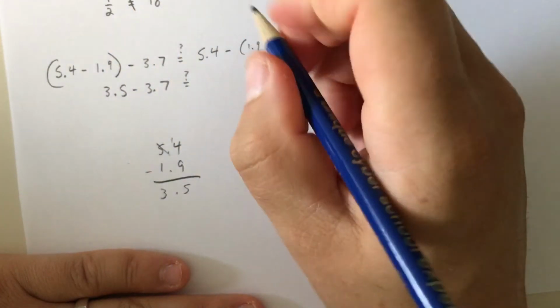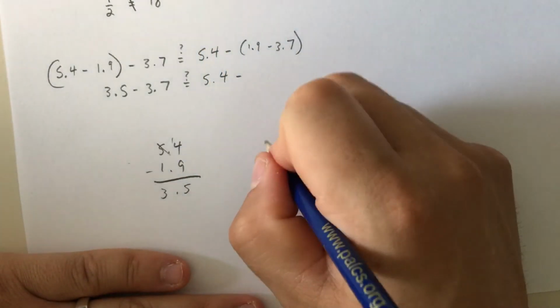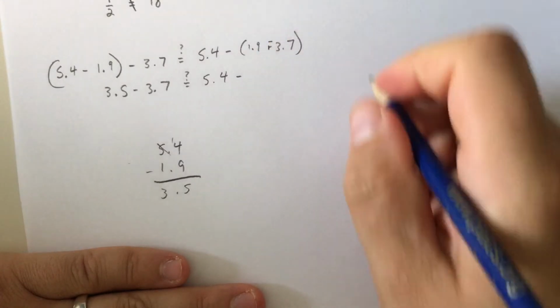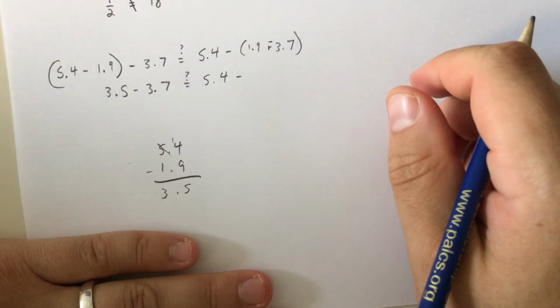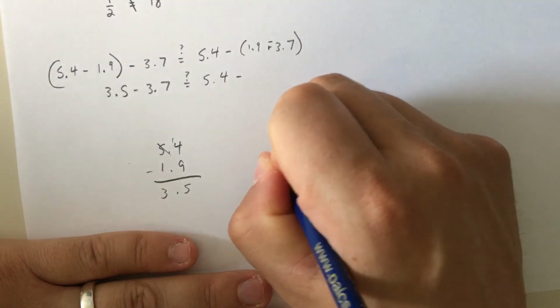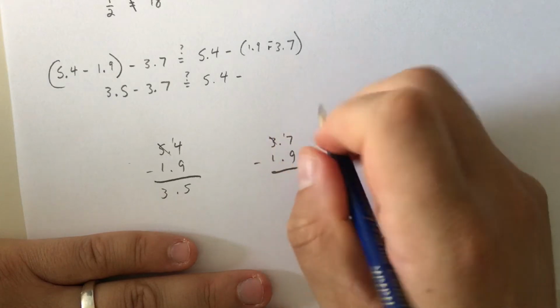Determining, is that equal to 5.4 minus, let's see what we have here. Draw a line, change the sign. So now we're adding 1.9 plus negative 3.7. So we're going to subtract, use the sign of the higher number.